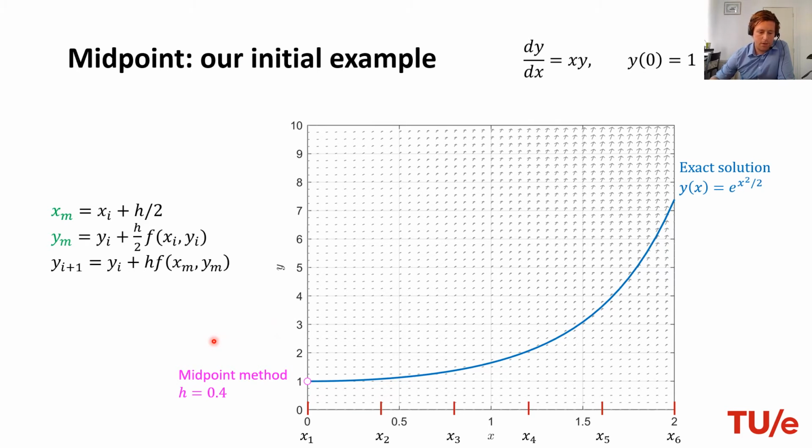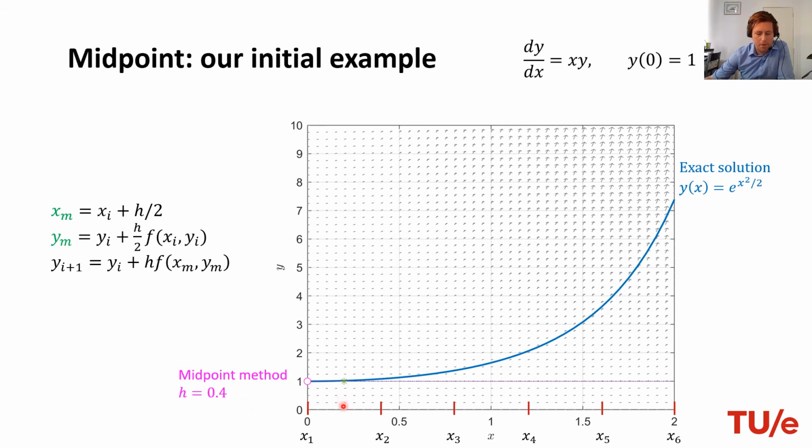So the first thing we do is compute the slope based on f at x1 and y1. That is this horizontal line. And then we find x m in between x1 and x2. That's here at x is 0.2 for h is 0.4.